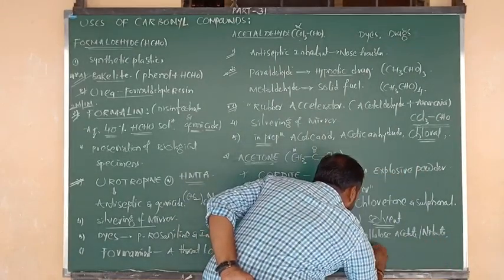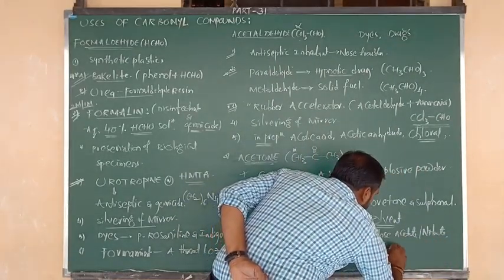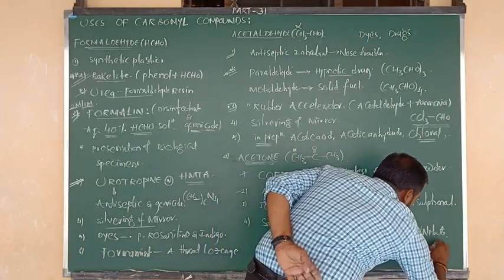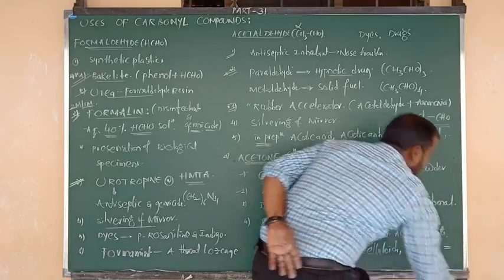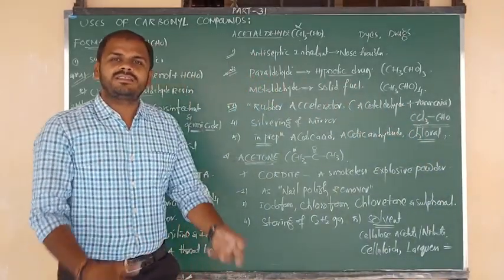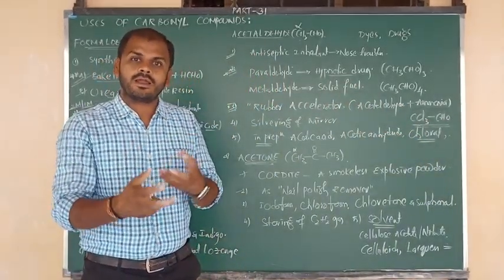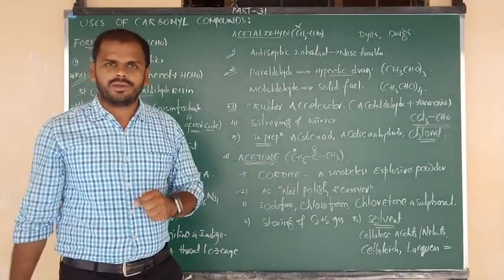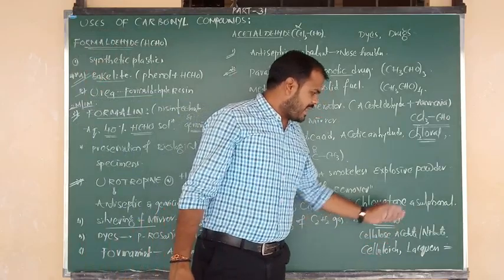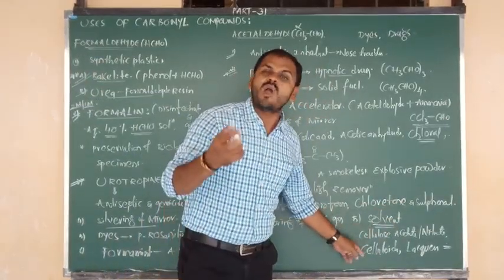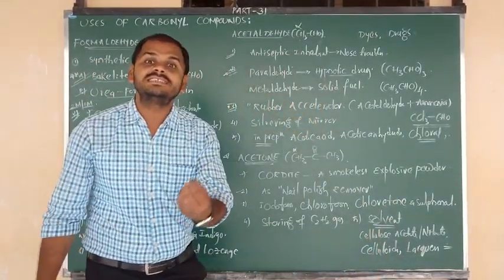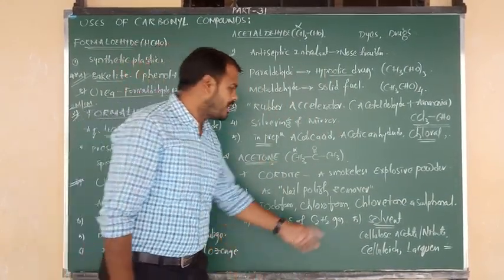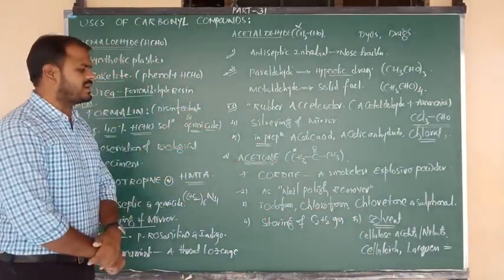And also celluloids. And one more is lacquers and resins, nothing but some gum-like materials. Lacquer means gum-like materials. We can also say polymeric products. So cellulose acetate, cellulose nitrate, celluloids, lacquers and resins, such plastics and gum-like materials, can be manufactured with the help of the solvent, that is nothing but acetone.